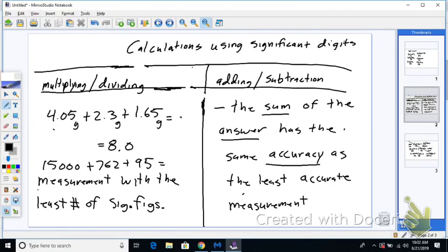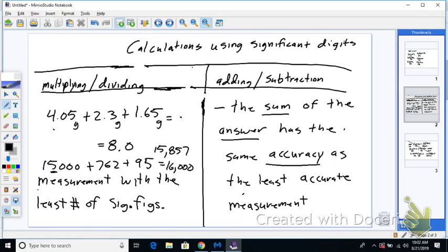It is 16,000, because I think it's 15,857, right? So it's 15,857. So then I have to limit my answer to this spot, because it's the least accurate, because those zeros are not measured. So it'd be 16,000 would be your answer.